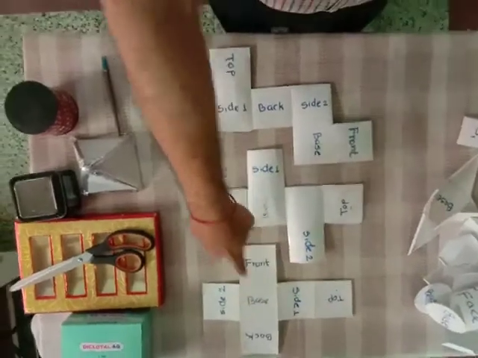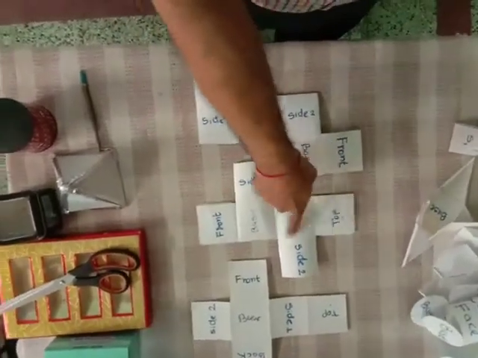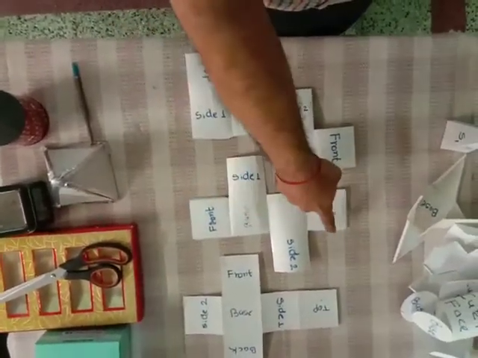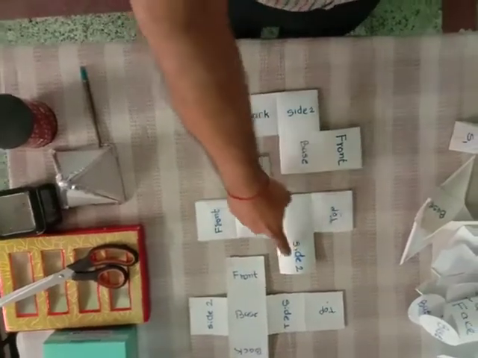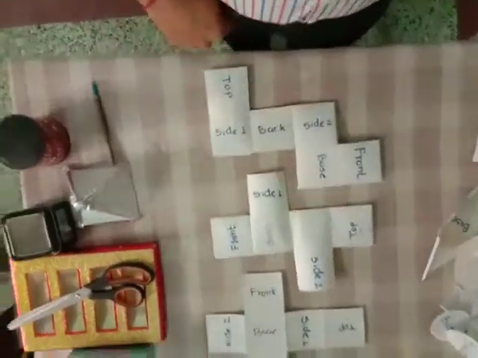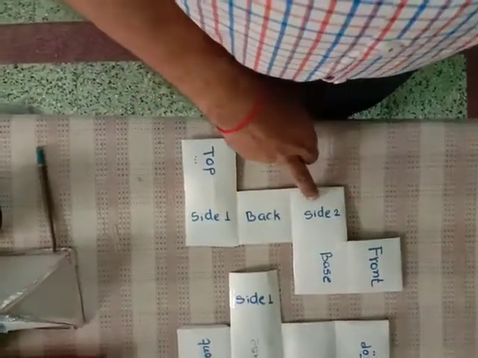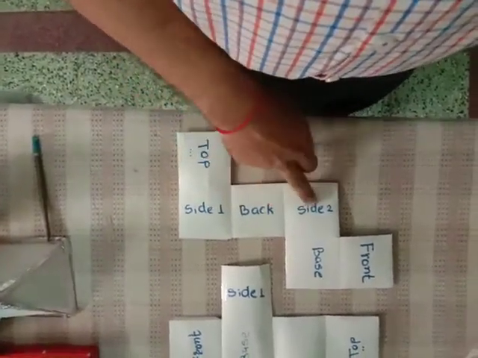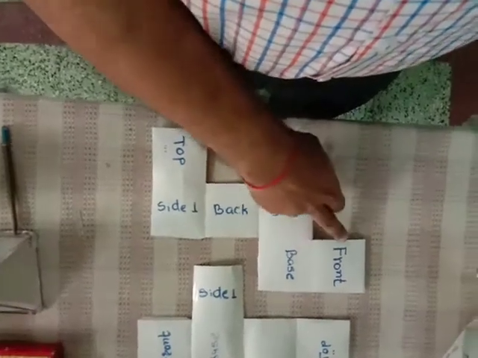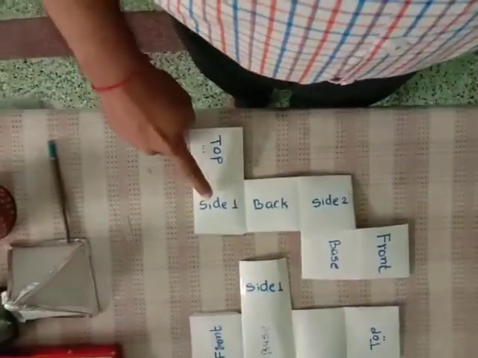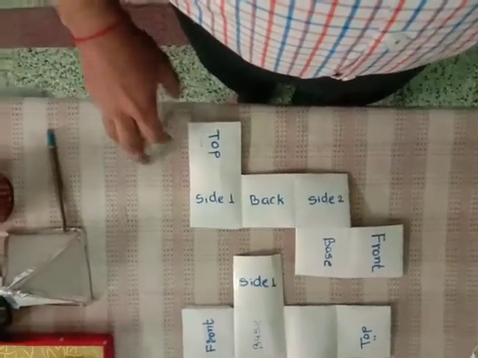In the second, all four faces are attached to each other with side 1 and side 2. In the third arrangement, sides are attached to the back, a base and a front attached to each other with one side, and a top attached. All these are possible nets of a cube.